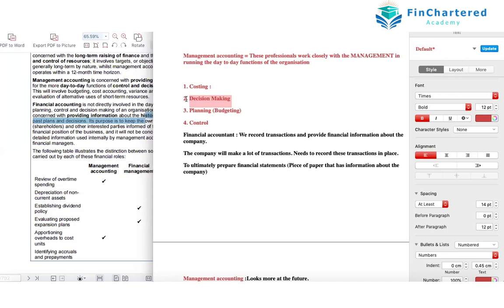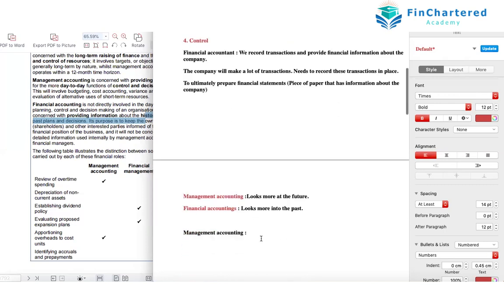In your life, you want to make good decisions for your own benefit. That's why management accounting is of internal use. You do it for your benefit, and it is not a legal requirement. You plan for your benefit. It's not a legal requirement.